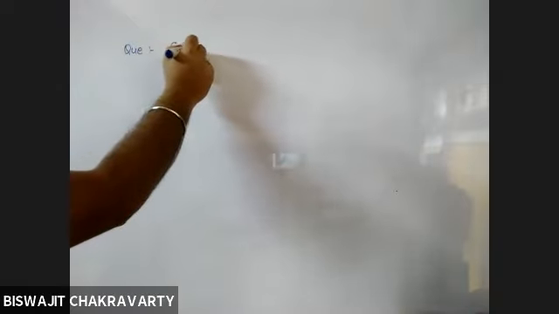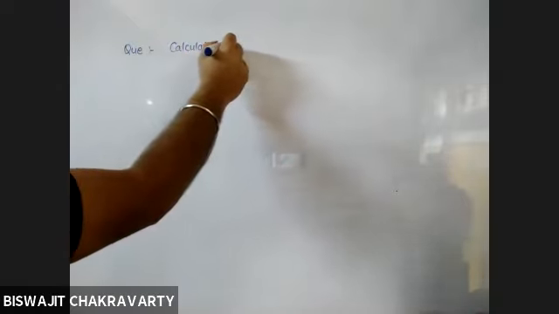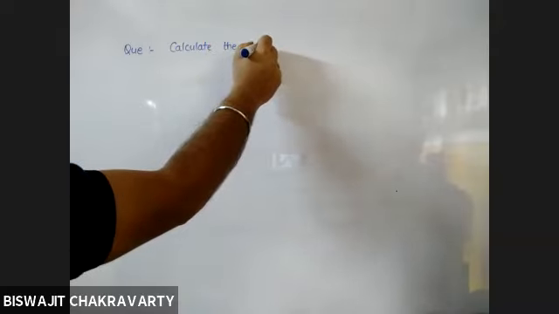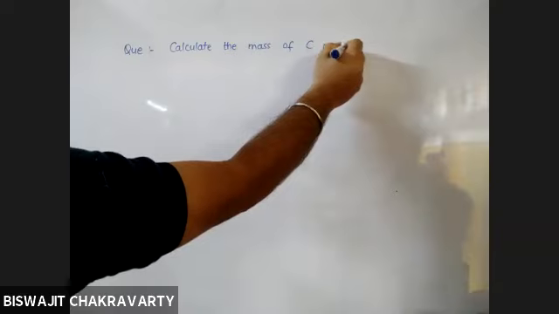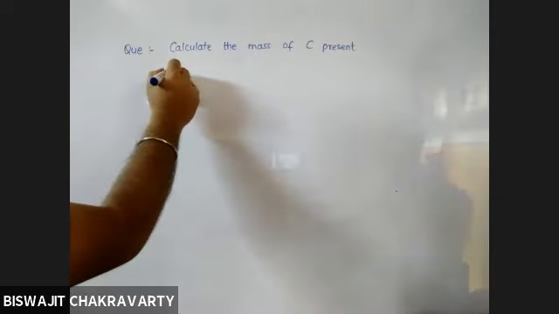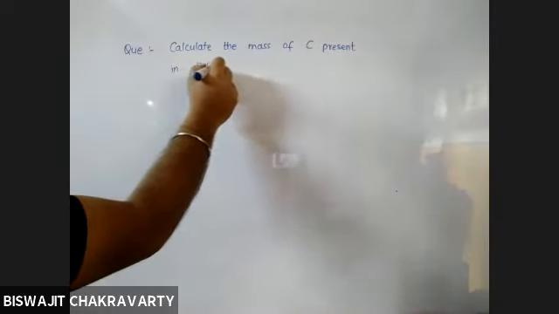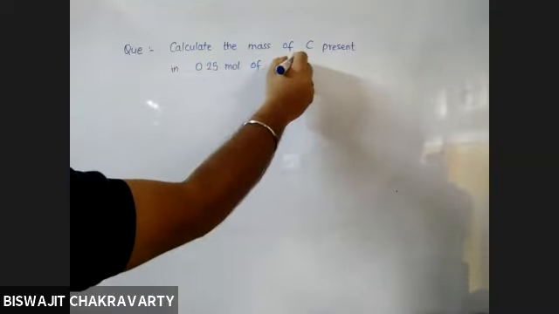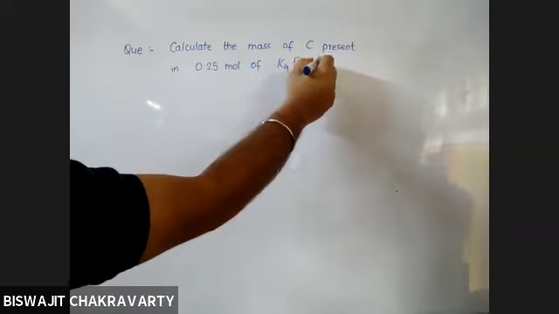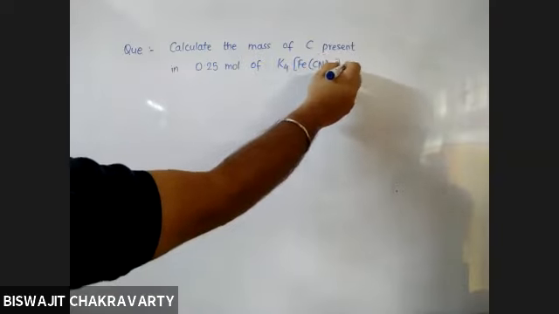So write down a previous IIT question based on the concept that we have just now learned. Calculate the mass of carbon present in 0.25 mole of K4Fe(CN)6.